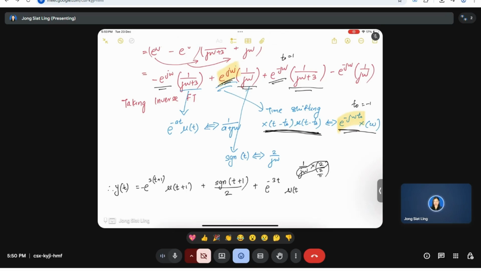So it's t minus 1. Okay, and then minus with this one. 1 over j omega is the same thing just now, is sgn(t) divided by 2. So this part is t minus 1. Okay, so this is the answer of the example for the LCCDE. Thank you.